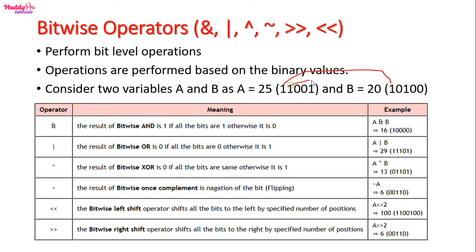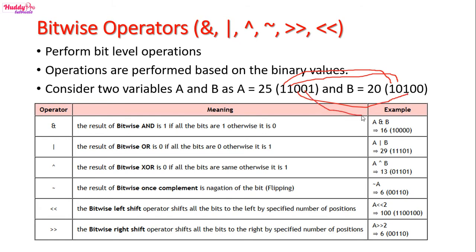Now we have a 1 and a 0. Since only one is a 1 and the other is a 0, we get a 0. We can only get a 1 if all the bits are 1. What about this 0 and a 1? Still we get 0.